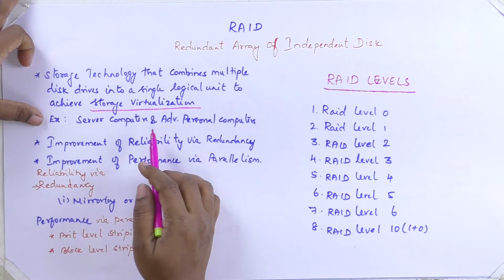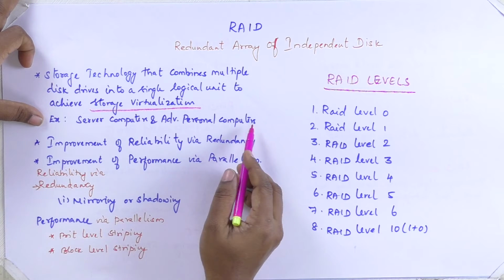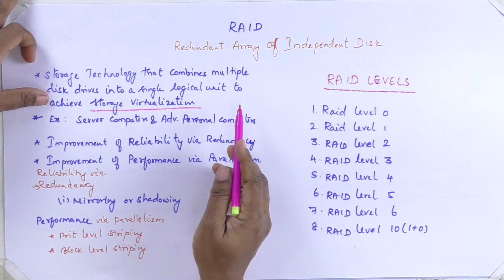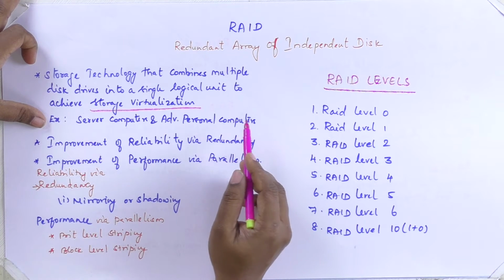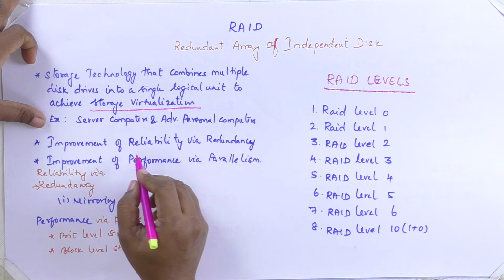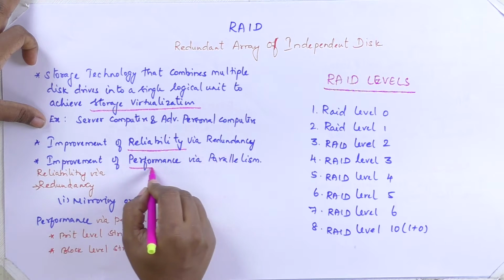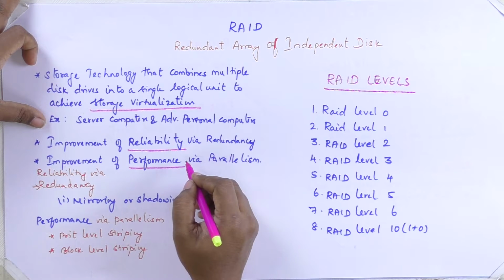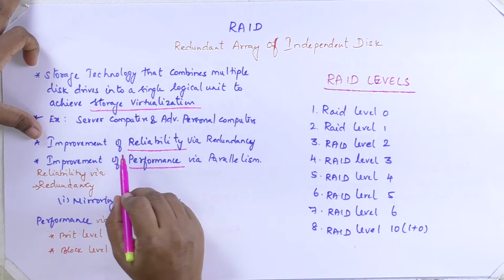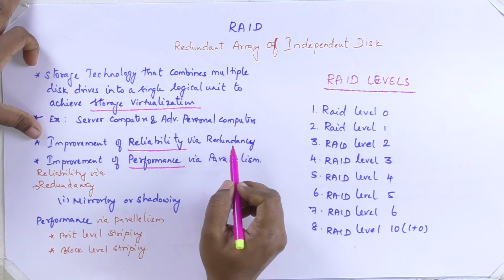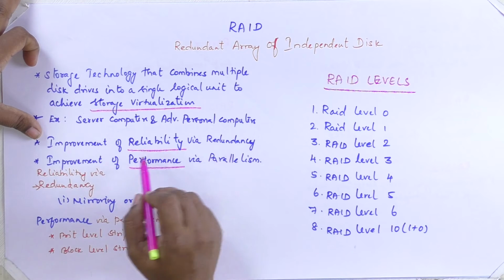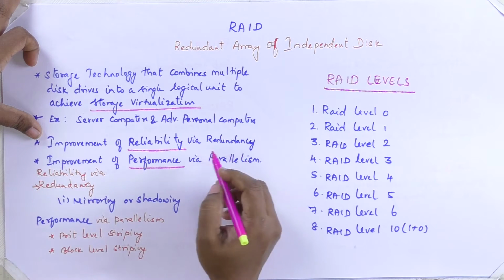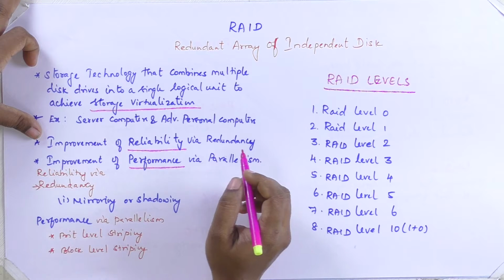Server computers and advanced personal computers can be taken as examples for RAID. As I told you, reliability and performance need to be improved for any system. Improvement of reliability is ensured via redundancy, and improvement of performance is ensured via parallelism.